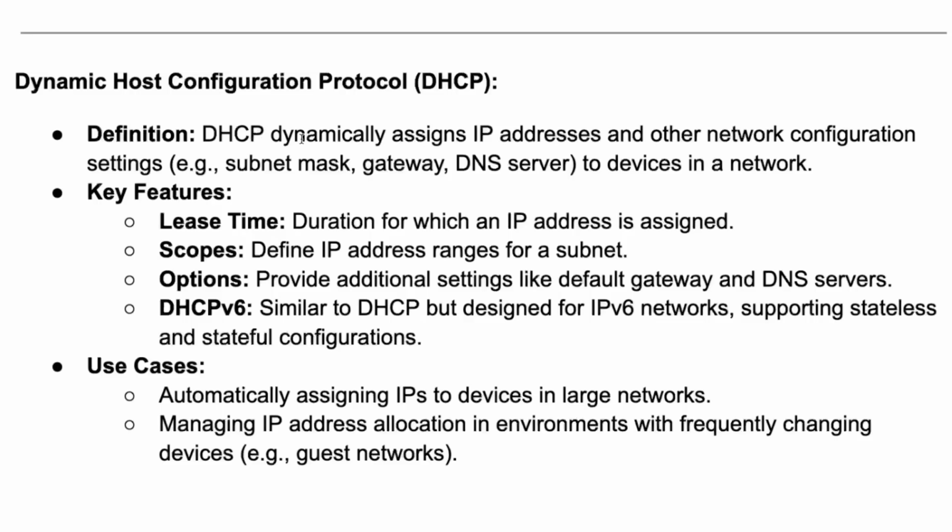So DHCP dynamically assigns IP addresses and other network configuration settings like the subnet mask, the gateway, the DNS server, and it does it for any given device inside of a network. So it assigns IP addresses and other information, and this is more specific to the actual devices that are inside of the network, not so much the web application or the website.